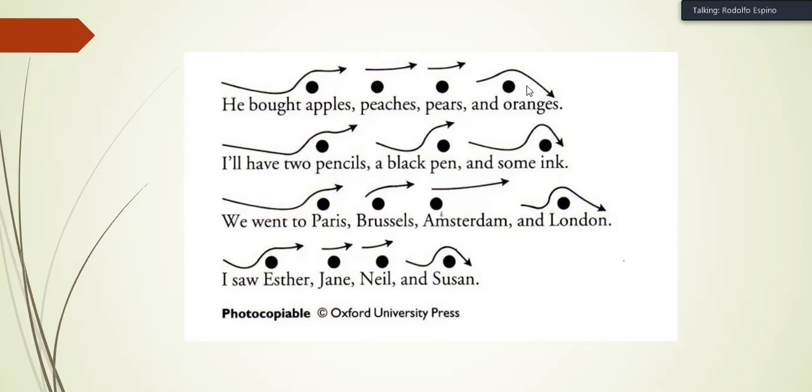And then you drop the voice. Same happens with this: I have 2 pencils, a black pen, and some ink. We went to Paris, Brussels, Amsterdam, and London, and it's the same here. Whenever you list things or enumerate things, the intonation goes high, and that makes also the rhythm.